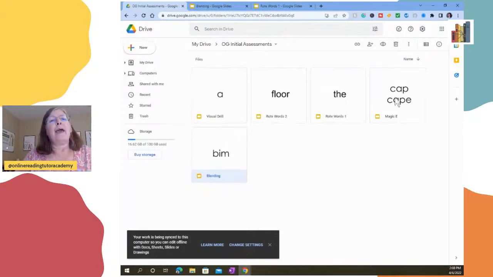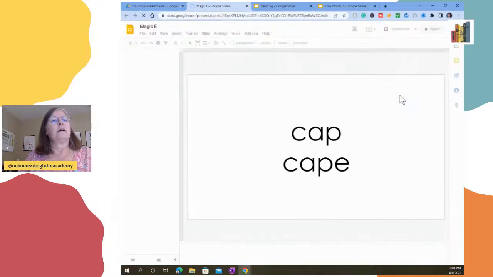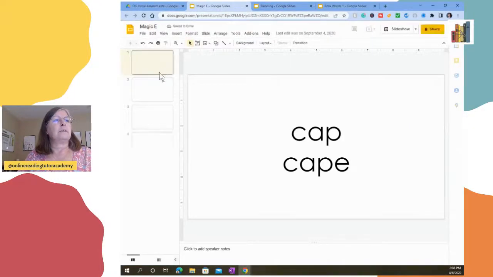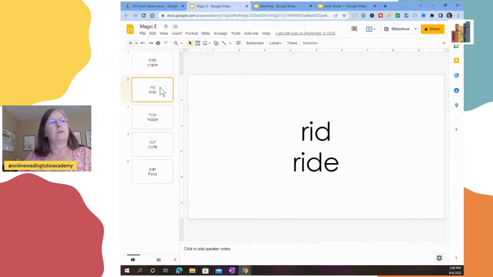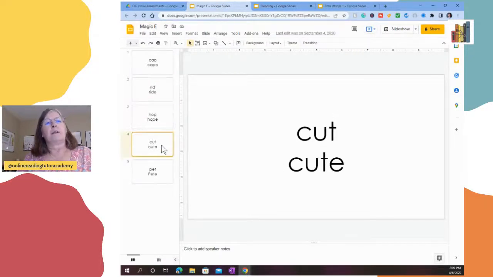I have the magic E right here, and there are only 5 of them on the different vowels: rid and ride, hop and hope, cut and cute, and pet and Pete.